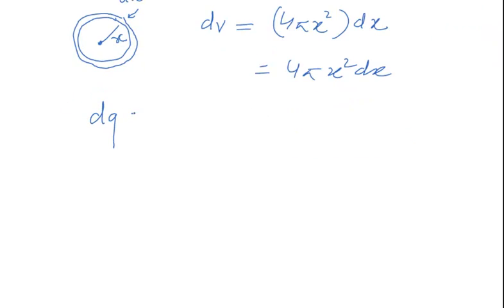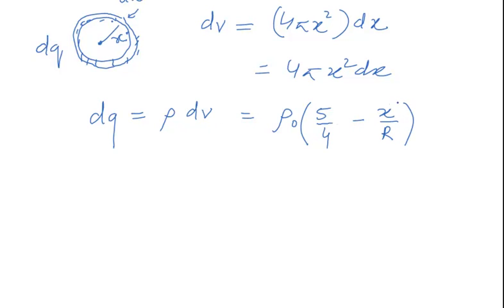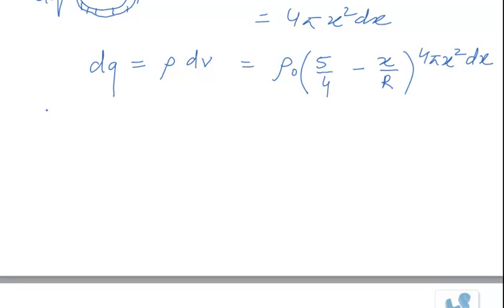What is the charge dq in this spherical shell? It will be given by the charge density at this point into its volume, which is rho naught (5/4 minus x/R), this is rho, and dV is given by 4 pi x square dx. So now you have dq.